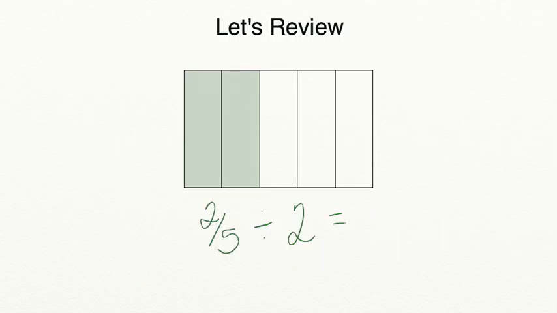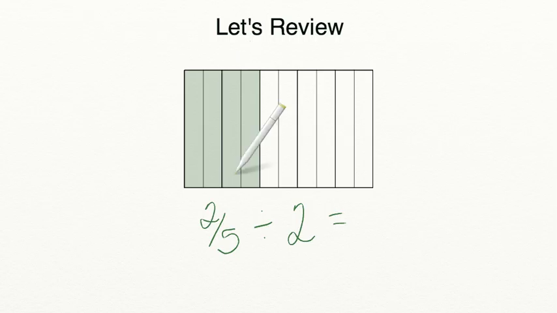Let's take a moment to review what you've learned in today's lesson. If we have 2/5 and we're trying to divide it by 2, there are multiple ways that we can approach the problem. One way is by using a fraction bar. We have 2/5 of our bar shaded in, and we're going to divide each fifth into 2 equal parts.